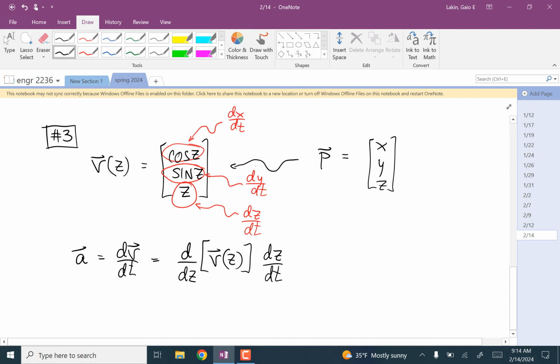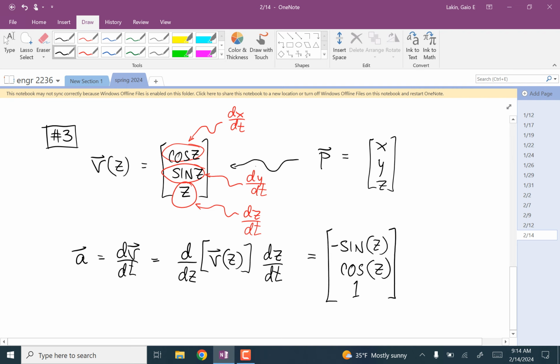Okay. Well, now we can take this derivative of v as a function of z. D cosine of z dz is negative sine of z. D dz of sine of z is cosine of z. D dz of z is 1.